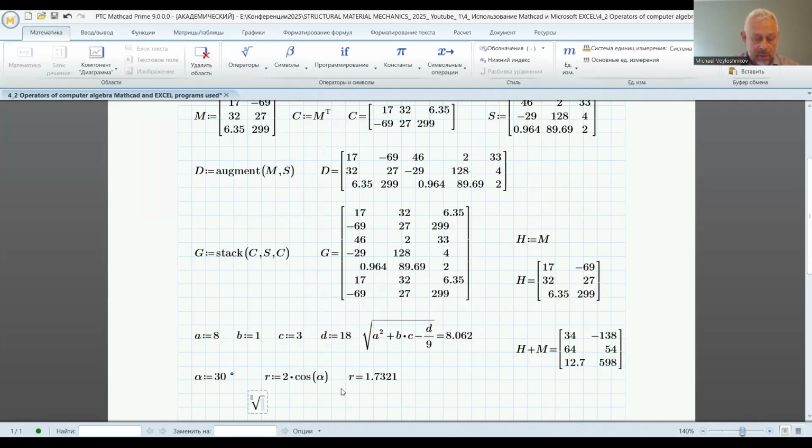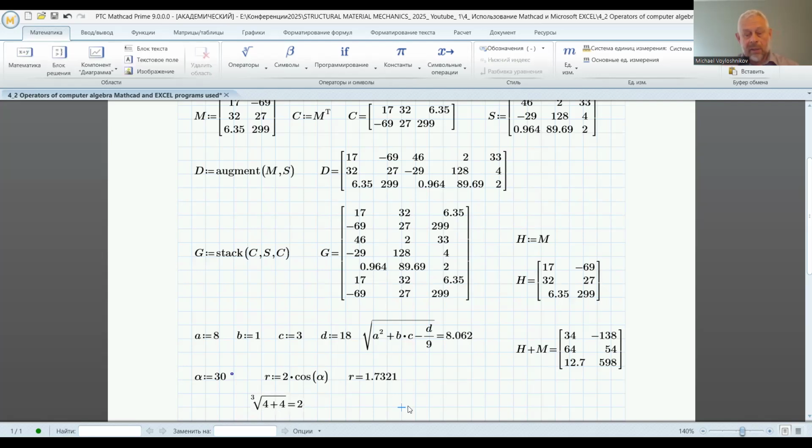With the root of any degree, we can find, for example, the cubic root of 4 plus 4. 4 plus 4 is 8. The cubic root of 8 is 2, because 2 to the power of 3 is 8, which is 4 plus 4.